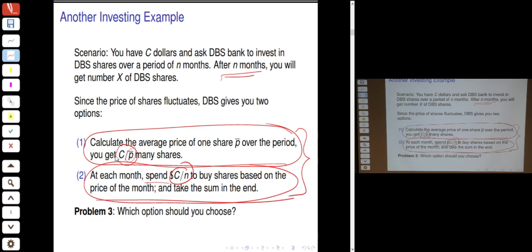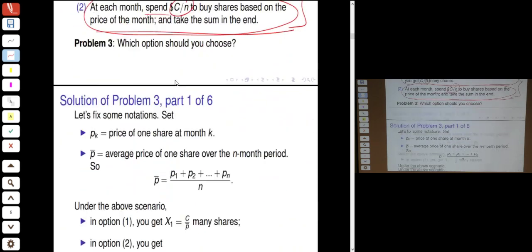And what we will see is that some very elegant and interesting math can give a very concrete answer to this interesting question. Okay, and it will lead to various interesting and somewhat sophisticated topics in math. So the question is which option you should choose.